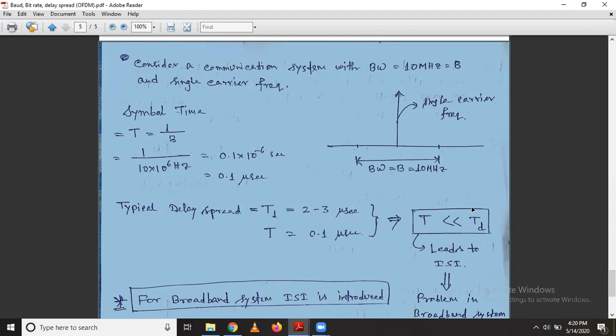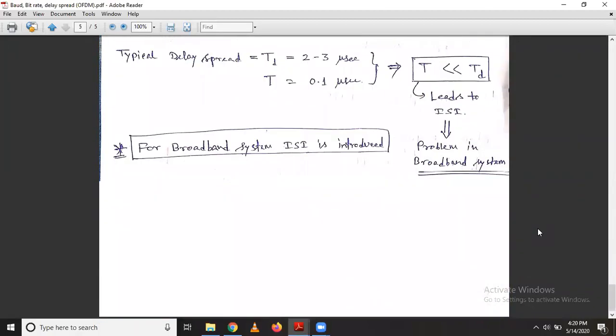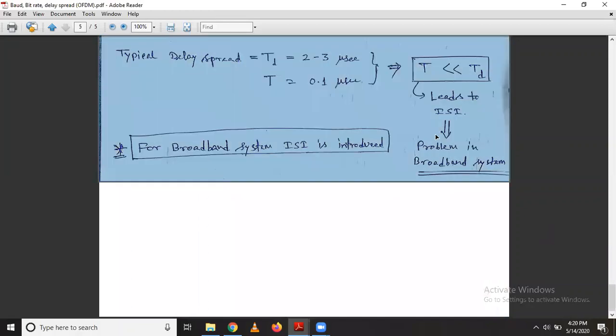Due to that, one symbol will interfere with the next one. Then ISI, inter-symbol interference, will occur. That means this condition leads to ISI.